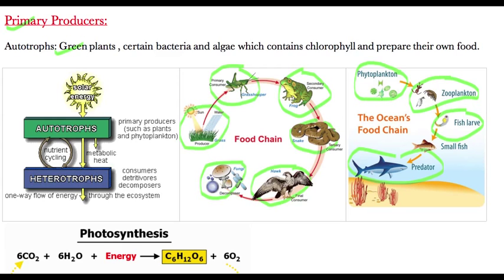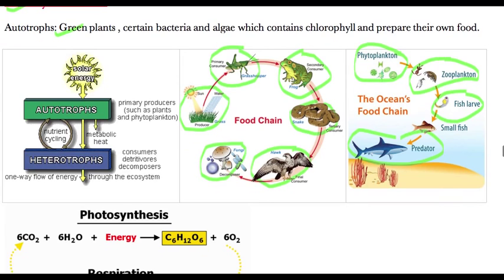And what actually is happening is you have something called the nutrient cycle. The same nutrient is being transformed from autotrophs to heterotrophs and again to autotrophs. This will go on again and again, but there is something called the energy cycle that will be linear, not circular.